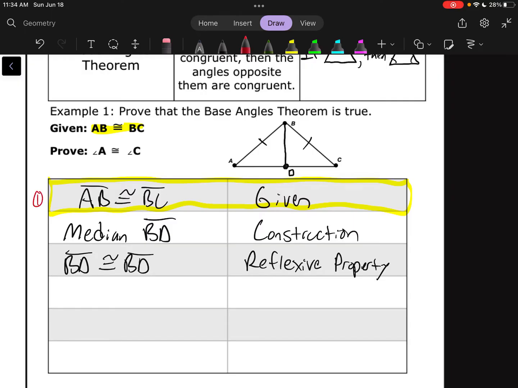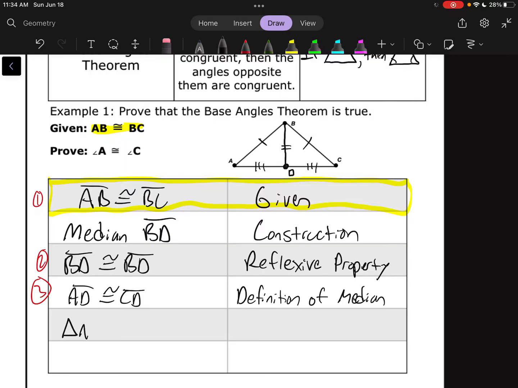So we've got two congruent things, and we need a third. Well, we know what a median does, right? A median splits that opposite side in half. So AD must be congruent to CD by definition of median. Okay, that's our three congruent things.